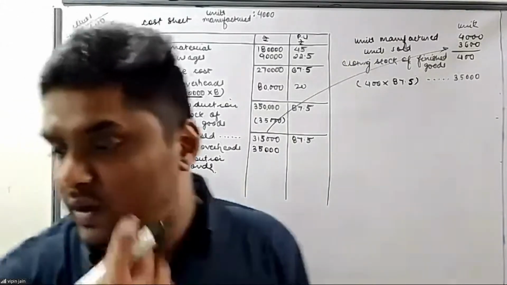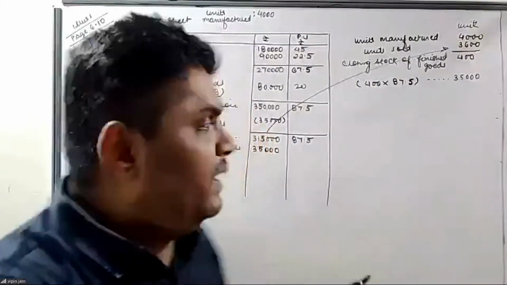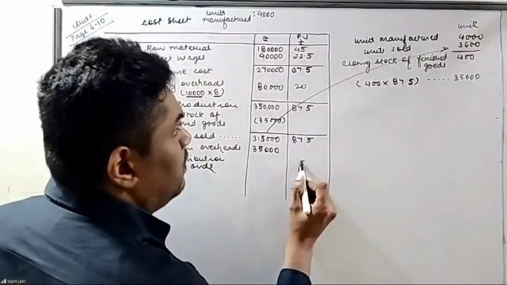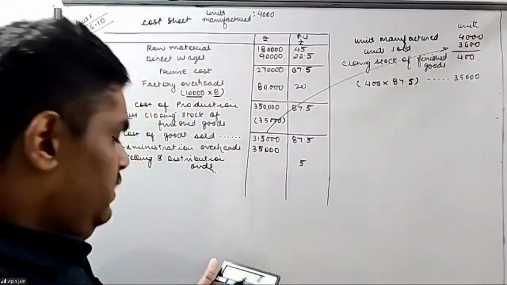Selling and distribution overheads are given, that is rupees 5 per unit. So 3,600 into 5.